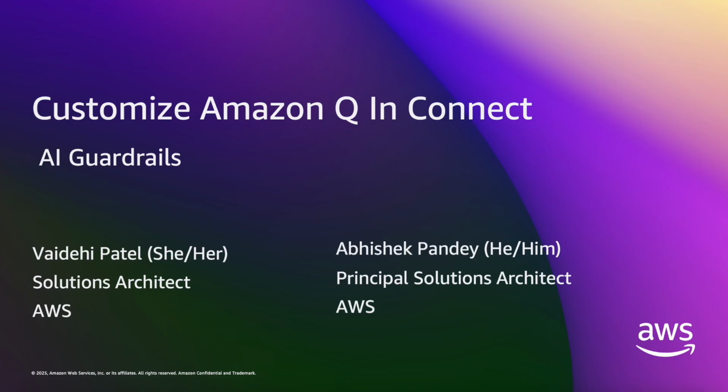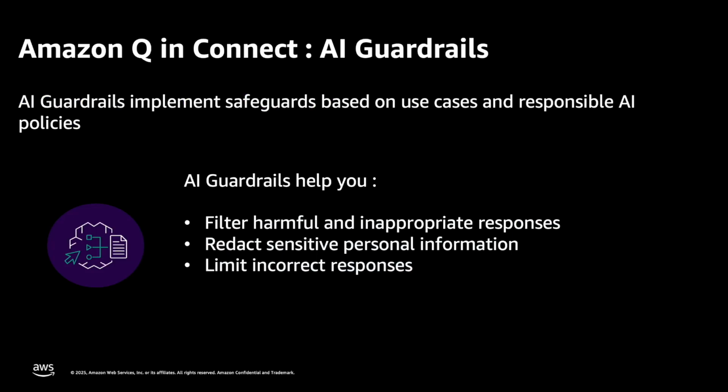Let's talk about AI guardrails. AI guardrails are used to implement application specific safeguards based on your use cases and responsible AI policies. Guardrails filter harmful and inappropriate content and words. For example, you can configure filters based on detection of certain predefined harmful content categories like hate or insults.